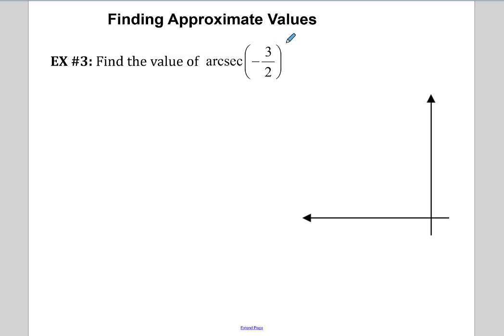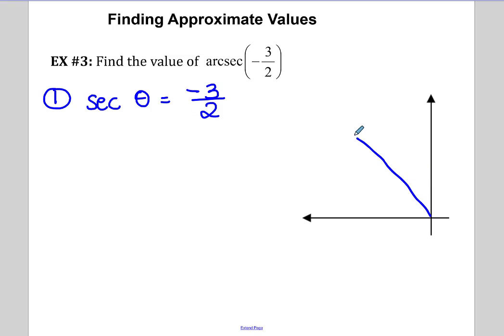In this example, we want to do similar to our last lesson where we actually found a triangle that met these conditions. So when we're looking at this, the first thing I see is that we have a secant angle that has the ratio of negative 3 over 2. So let's think about that. The secant is the reciprocal of cosine.